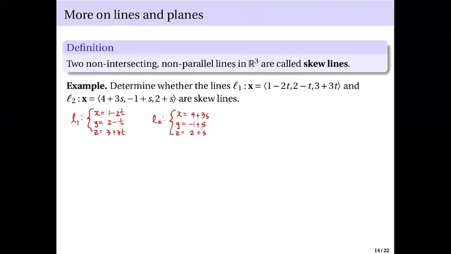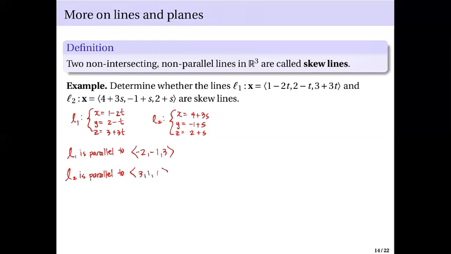Okay? So from here, L1 is parallel to the vector minus 2, minus 1, 3. Your L2 is parallel to the vector, the coefficients of s here, 3, 1, 1.